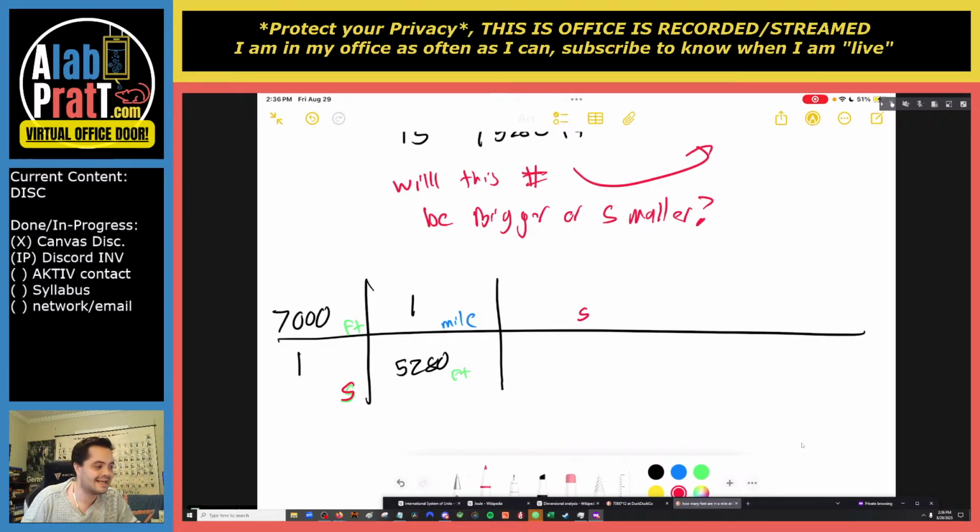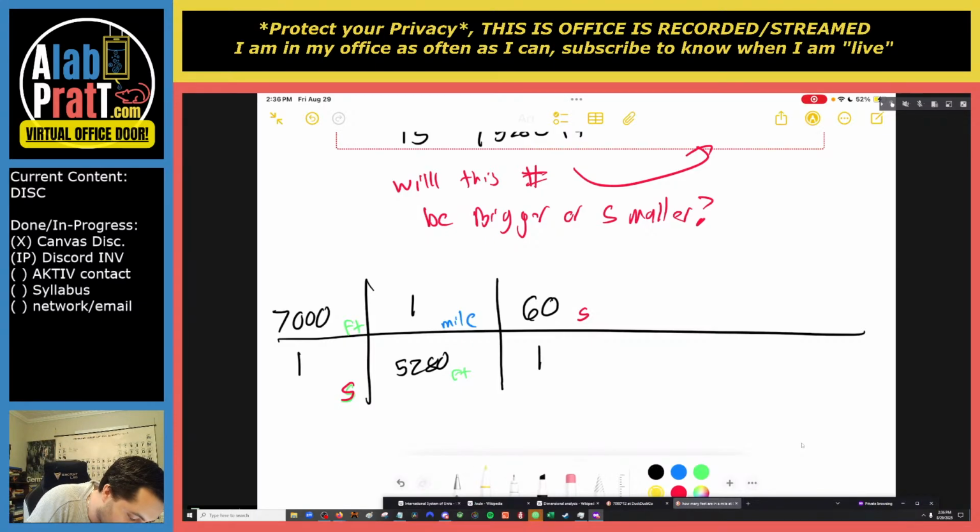So if I want seconds to cancel out, if I have a second in the denominator, the bottom part of the lattice, the dividing area of the lattice, the negative exponent area of the lattice, to get rid of it, my converting factor, my 60 seconds to 1 minute goes there. Now my units are one on the top, one on the bottom. 60 seconds for every one. Here we go. We got a new unit: 1 minute.